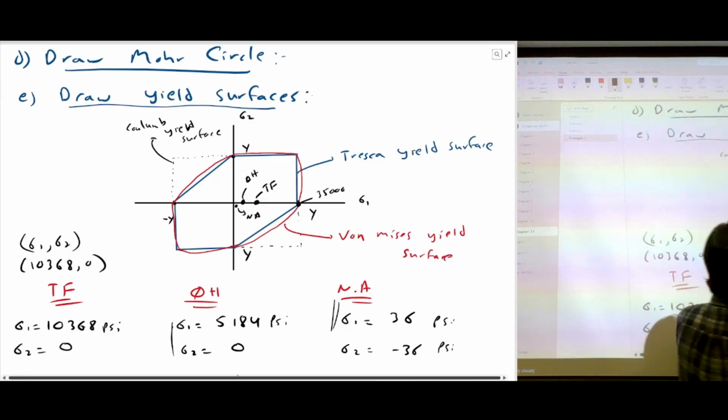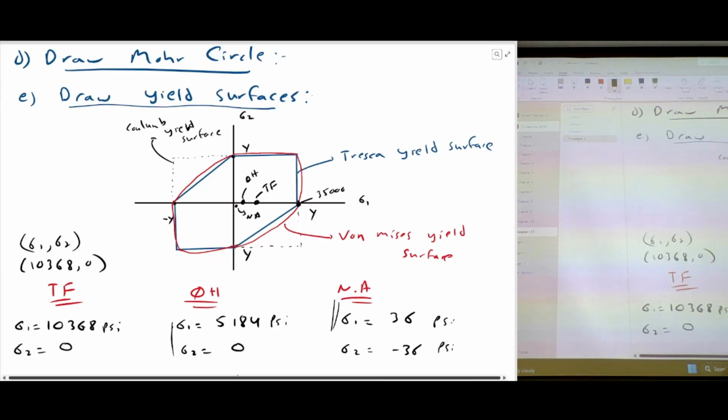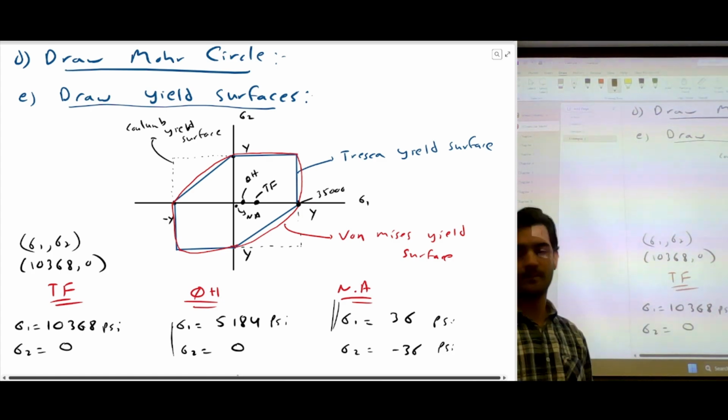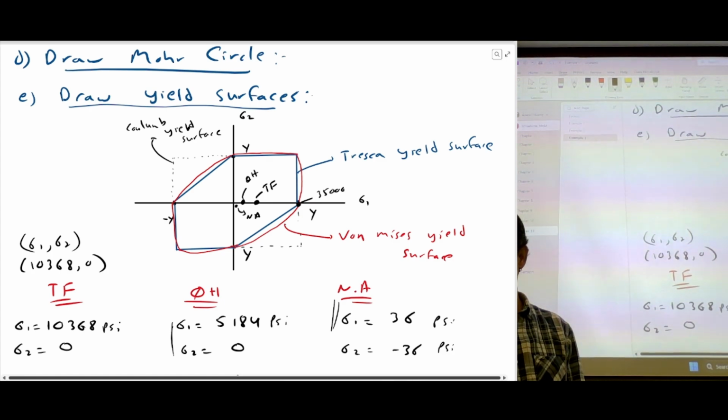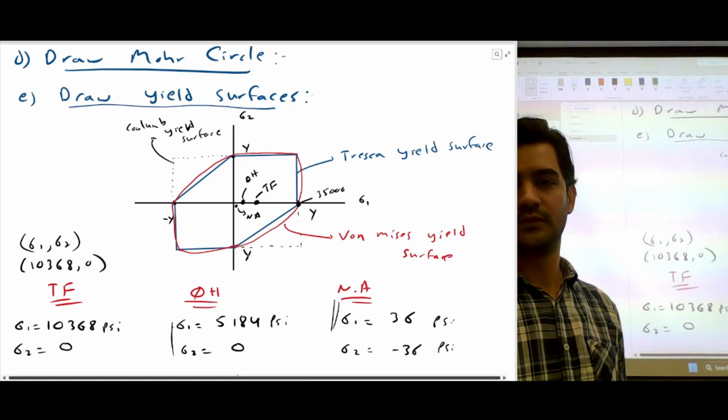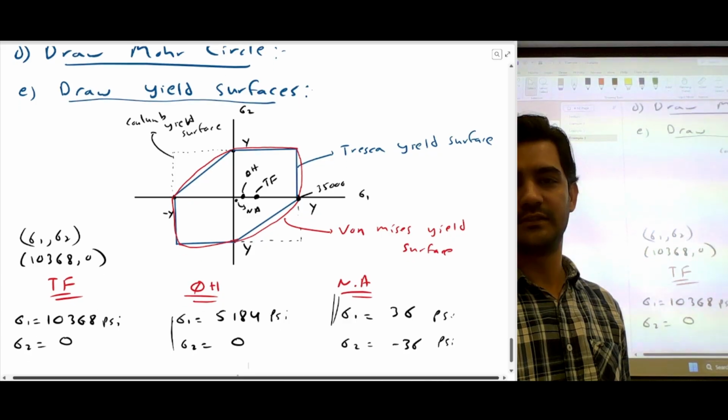So you can see that's the maximum capacity, and our stresses are quite in a safe range. So that's how you draw yield surfaces.